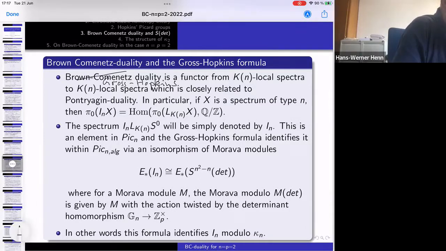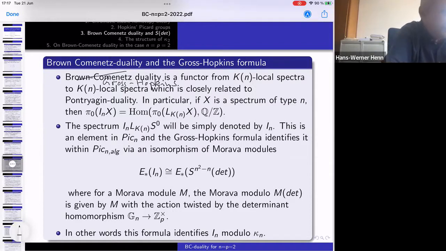In particular, if X is a spectrum of type n, then pi 0 of In of X is just the Pontryagin dual of pi 0 of L_{K(n)} of X. The spectrum In of L_{K(n)} of S0 will be simply denoted by In.